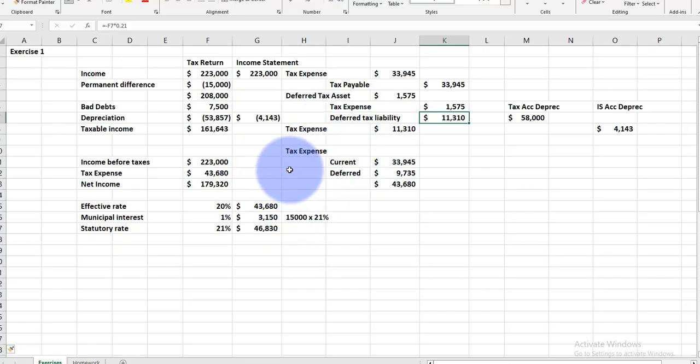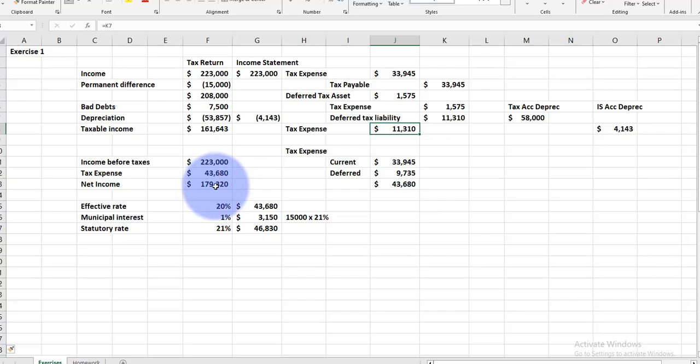Now, it asks us to figure out what our tax expense is, and our net income as well. So if our income before tax is 223 and our tax expense is this tax expense debit, this tax expense credit, this tax expense debit, added up, we add these two together and subtract that one, and we get 43,680.